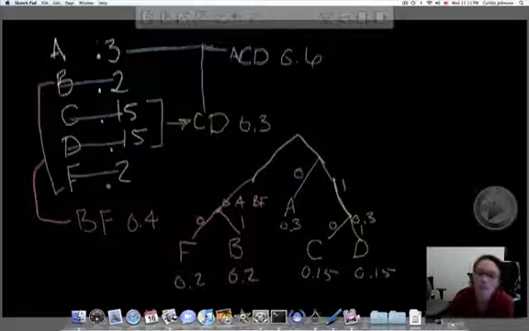So if we go back and we say, alright, how do we make an A in this new Huffman encoding of ours? Well, this is a 0, this side's a 1, so it'll be 1, 0. How do we make a B? 0, 1.